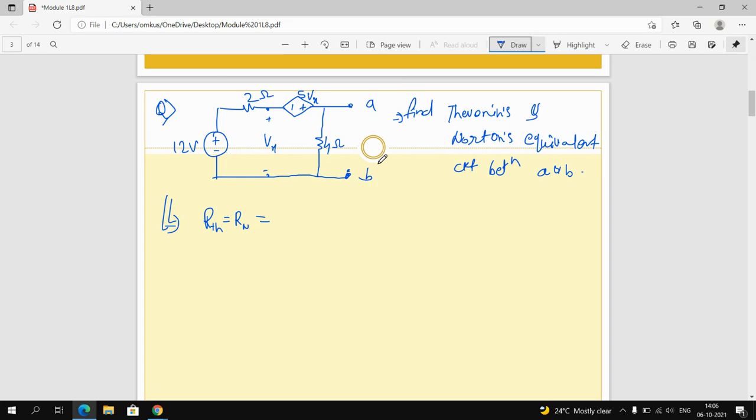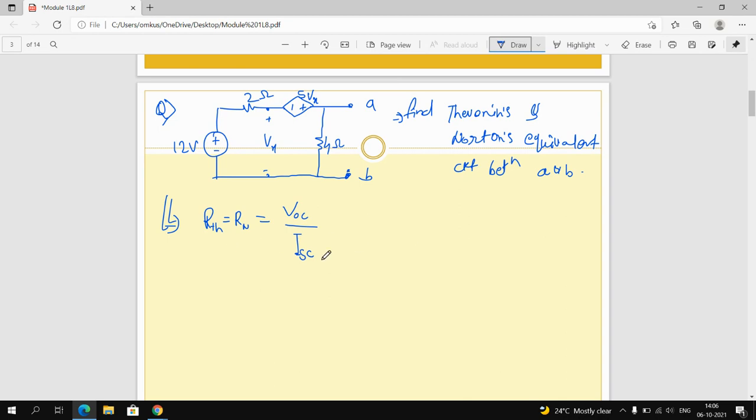Here, terminals A and B are your target terminal, right? So first of all, find out the open circuit voltage, VOC, divided by ISC, right?